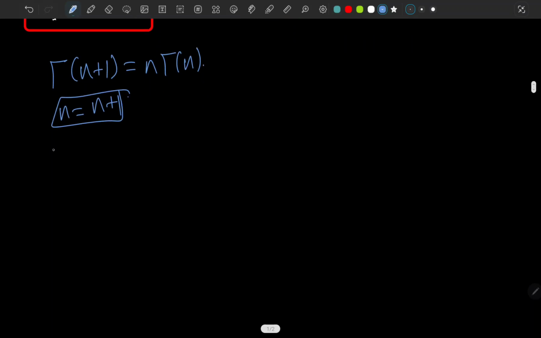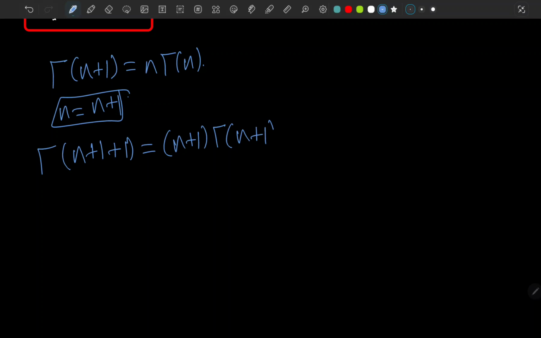So it becomes gamma of n plus 2 is n plus 1 times gamma of n plus 1.